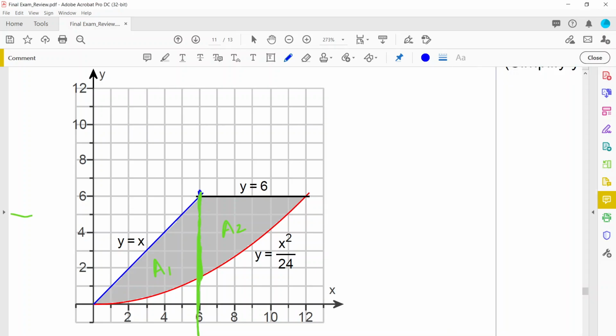So now, for finding the area a1, you need to calculate from x equal to 0 to x equal to 6, x minus x squared over 24.